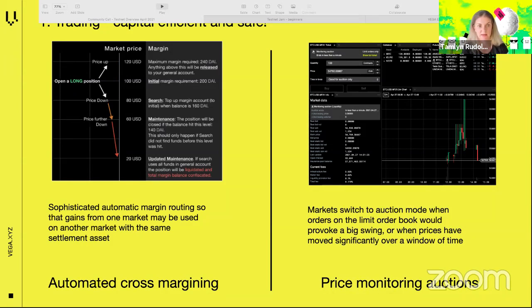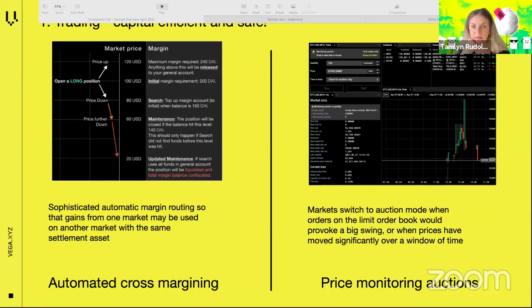I'd be really interested to hear how you find it from a trader experience perspective and from a capital efficiency perspective. Another important aspect of trading on Vega that you'll notice if you spend any time on the testnet is price monitoring auctions. I took this little screenshot from our testnet earlier, where Bitcoin US dollar was in a monitoring auction.